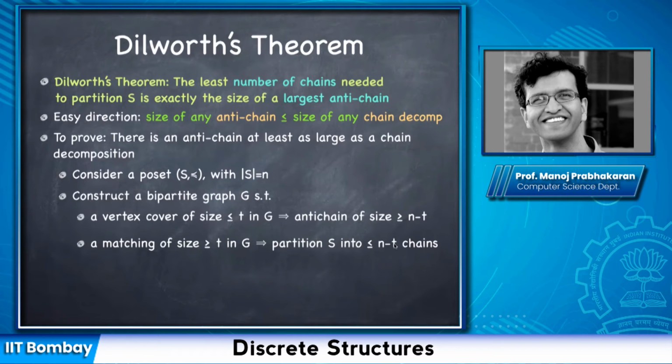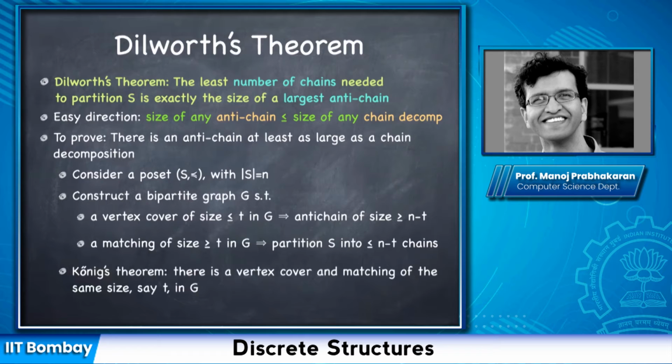Okay, so why do I want to do that? Suppose you manage to prove this, then you have translated this question in Dilworth's theorem about chains, chain decompositions and anti-chains into something about vertex covers and matchings. And this is something we know more about in a bipartite graph. We can use Koenig's theorem to relate the two. By Koenig's theorem, in any bipartite graph, and in particular in this bipartite graph, there is a vertex cover and a matching of the same size, say size t.